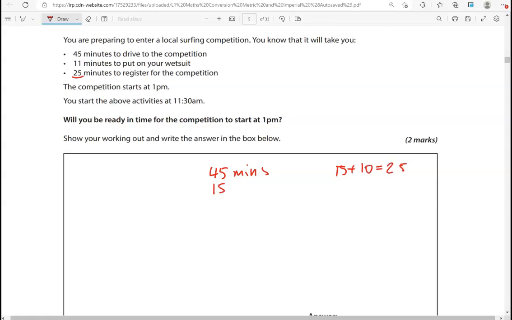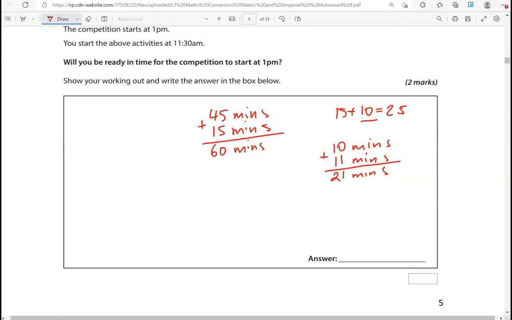So I add the 15 here, which makes 60 minutes or 1 hour. So we still have the 10 minutes from the 25 and also the 11 minutes here. So it's in total 1 hour and 21 minutes.